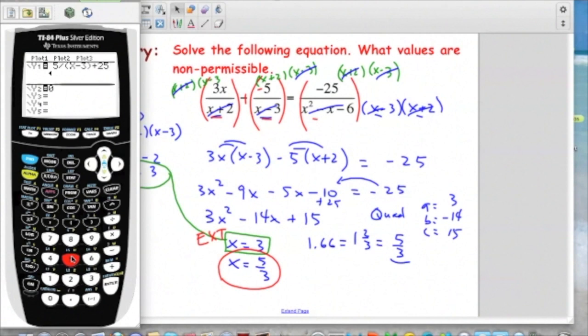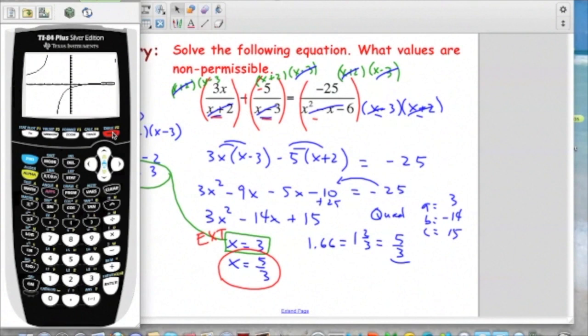And again, I don't have to worry about putting a bracket because it's a number all by itself. No letter or anything attached. And we have x squared minus x minus 6, close the bracket. And keep your y2 equals 0 in, now graph.